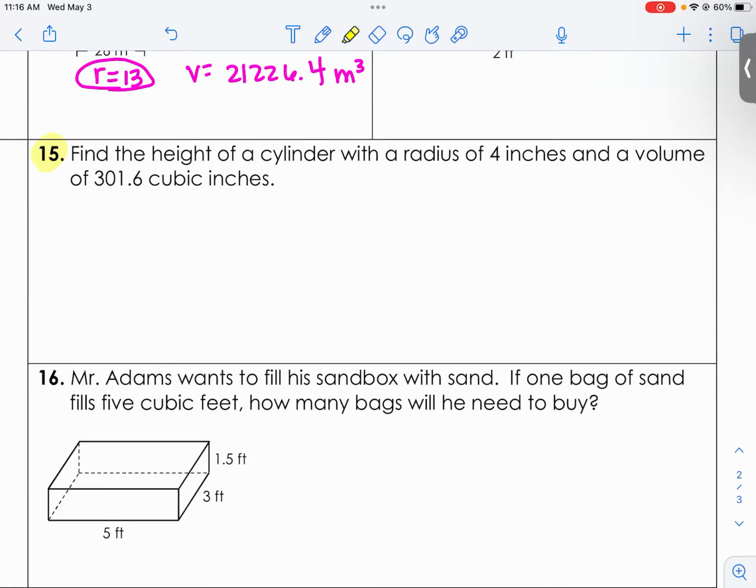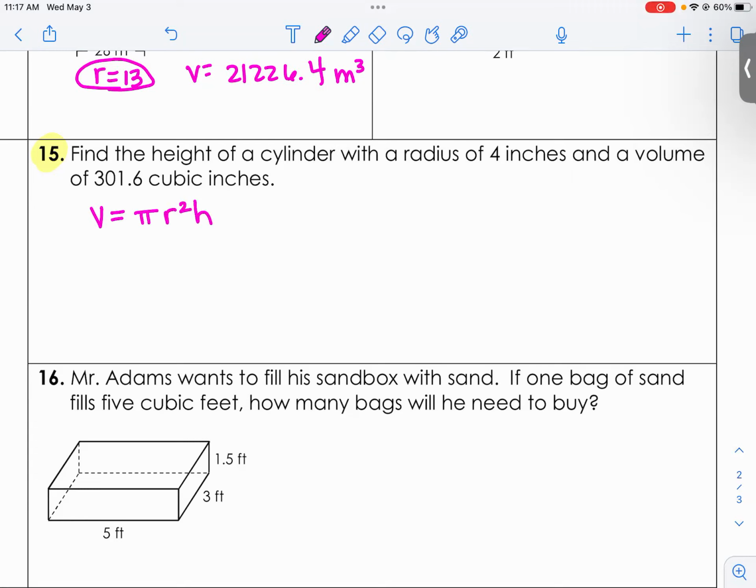All right, so let's talk about it. Jada, we're on 15. Jada, how do we find the volume of a cylinder? Okay, we know that the volume is pi r squared h.